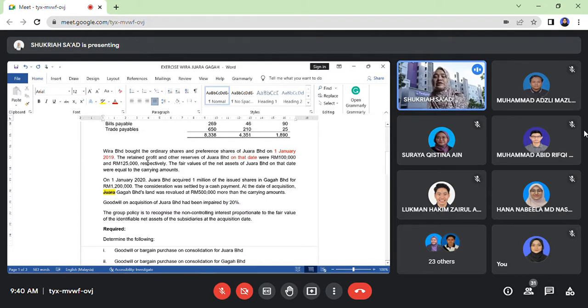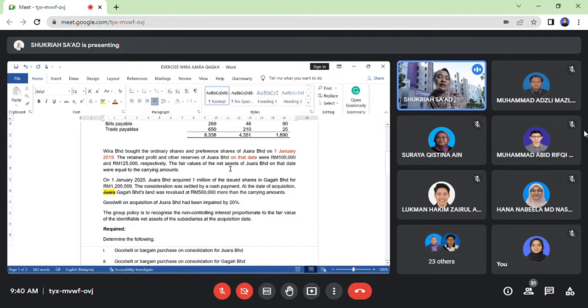Okay, so kita ada dua pre-reserve kat sini. Satu is pre-retained profit. The other one is pre-other reserve. And then the fair value of the net asset of Juara on that date were equal to the carrying amount. So ini bukan nak beritahu the fair value yang berapa. Kat sini dia bagi perbandingan fair value ataupun revalue amount dengan carrying amount.